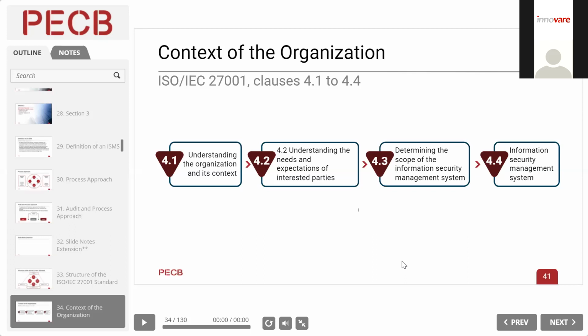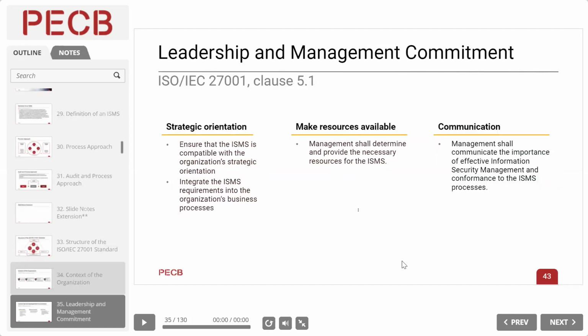So we look at understanding its interested parties, determining the scope of the information security, what are some of the products and services, what are the main processes, the departments. It just brings out the understanding of the organization, so that it also forms an input into your risk assessment.